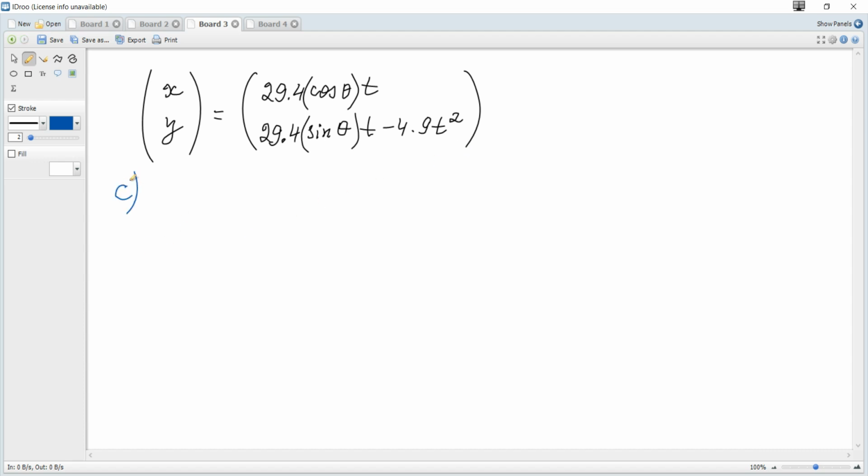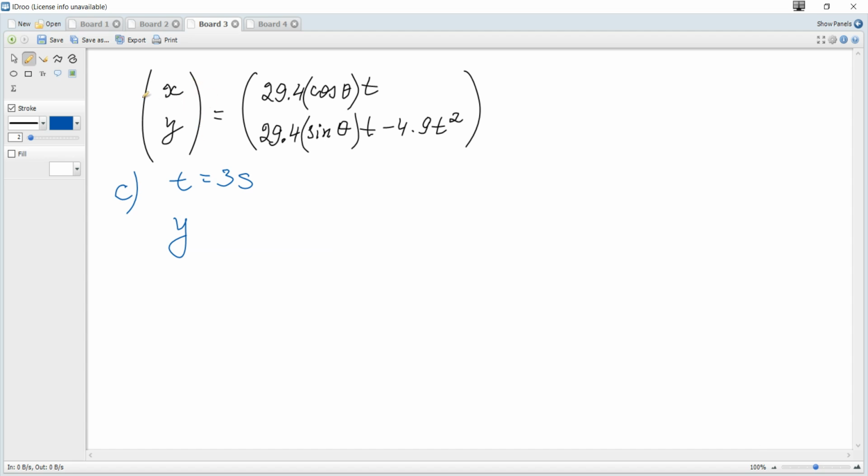C. Using the given answer to part BII, or otherwise, find the maximum height reached by a T-shot when it is launched vertically, 2 marks. So substituting 3 seconds for t, we can find the y value, which gives us the vertical component of the displacement, and it's actually the greatest height.